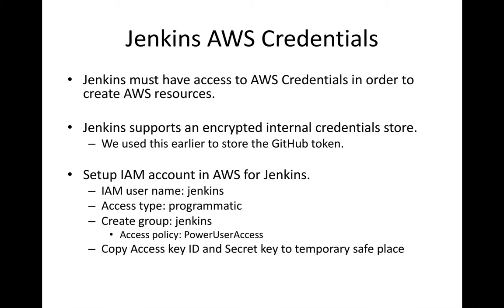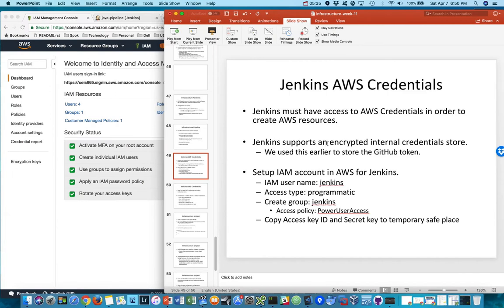And then we need to take the credentials from that account, the API key and the secret key, and we can store those within the Jenkins credential store. Once they're stored in Jenkins, then those credentials can be made available to projects that need to build and orchestrate AWS infrastructure. So let's look and see how we might go about doing that.